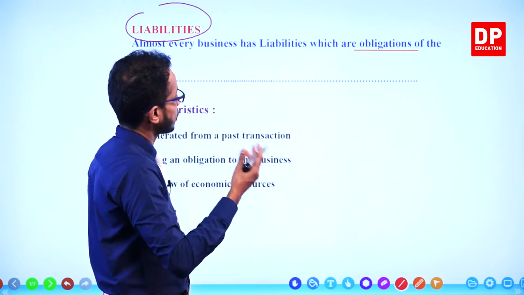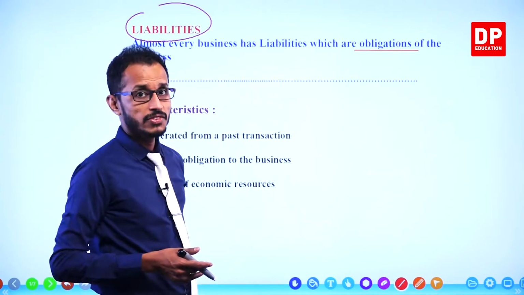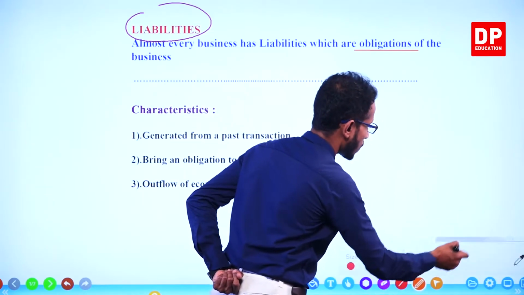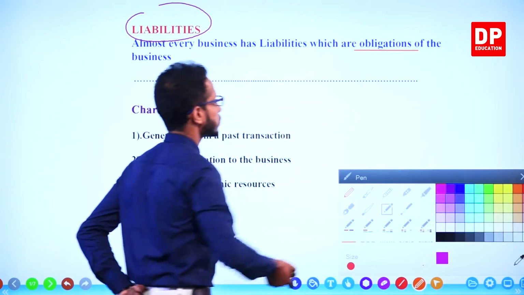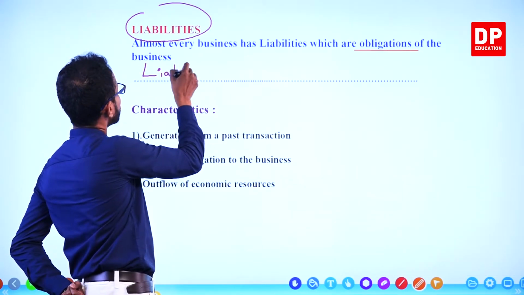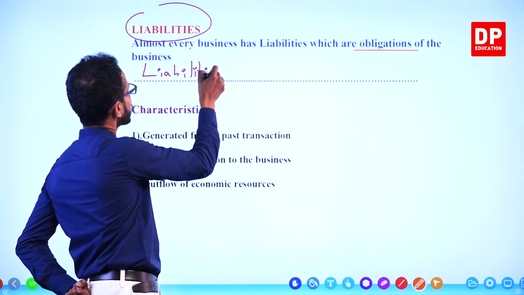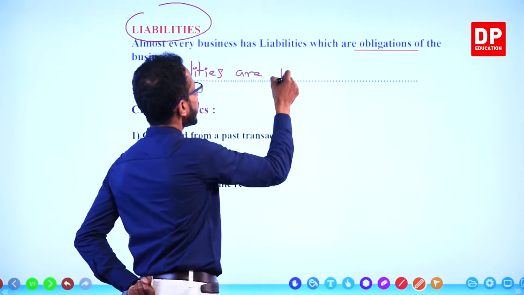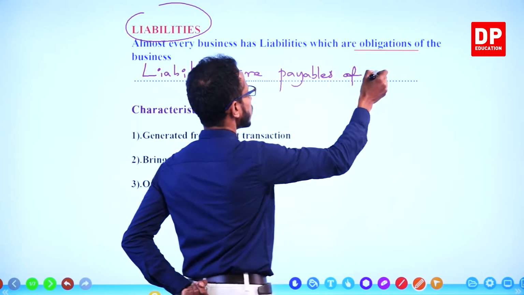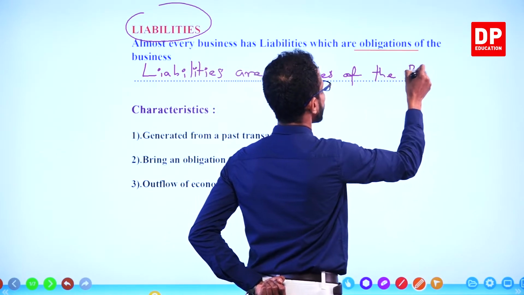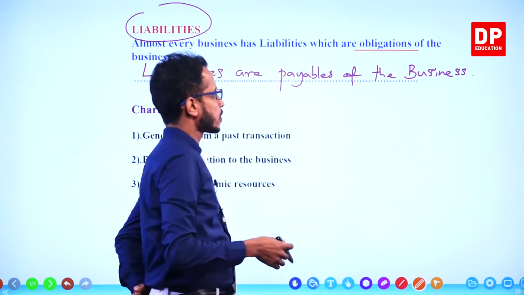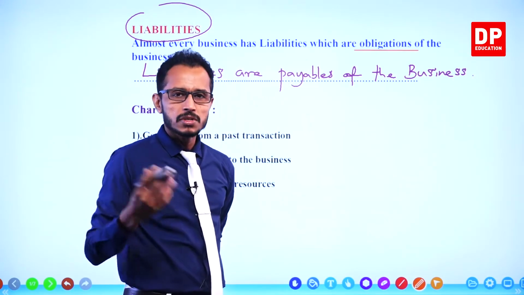Almost every business has liabilities, which are obligations. We already know that. We can come up with something like this for the definition of liabilities. Liabilities are payables of the business. Payables.